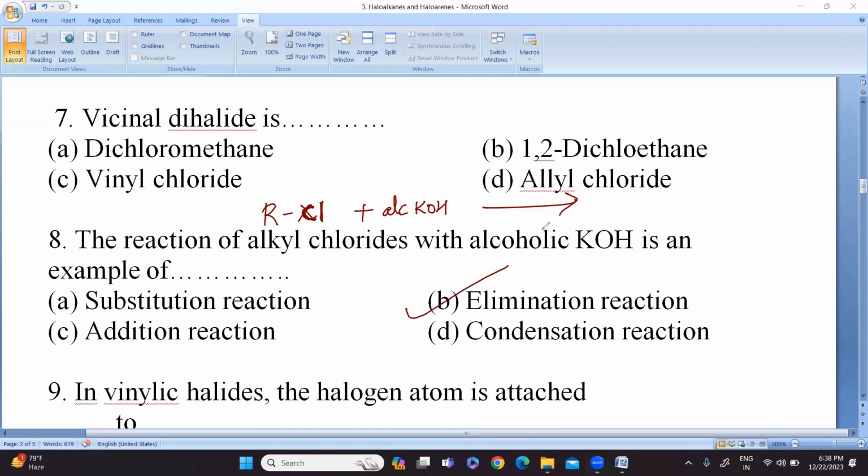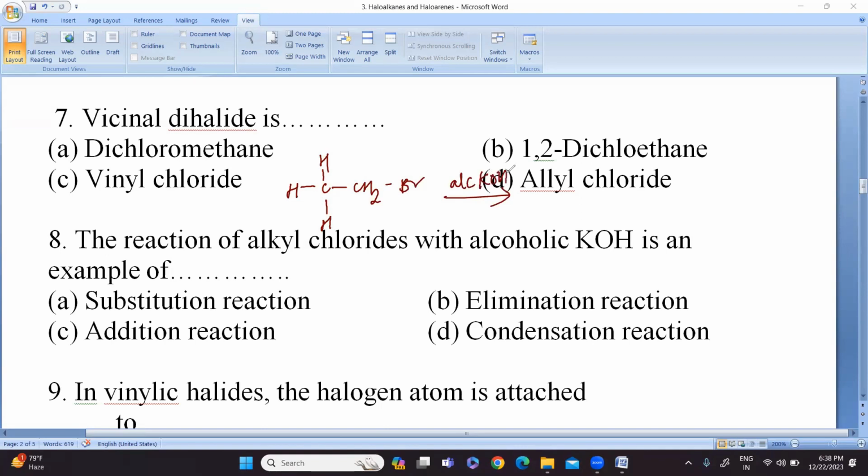So this is an example of elimination reaction. Your OH will abstract a hydrogen from this alkyl group. If I take an example like CH3CH2Br and react it with alcoholic KOH, this OH will abstract this hydrogen.